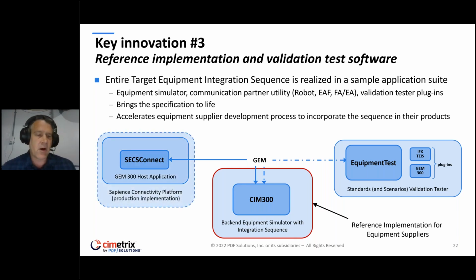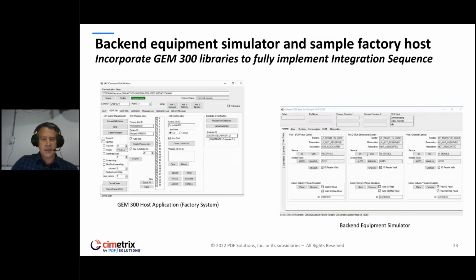And of course, our Cimetrix connectivity platform can also be used to implement the factory host features from the backend TOS. On the right here, we have the actual back-end equipment simulator shown. This is what the screen looks like.